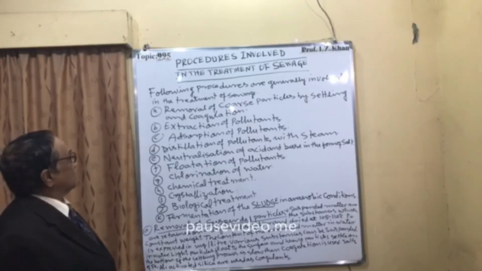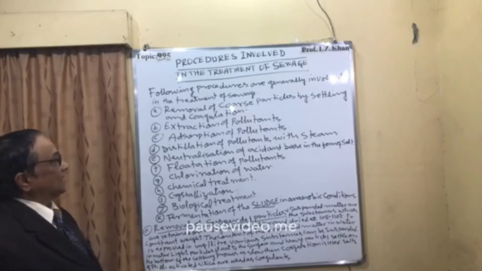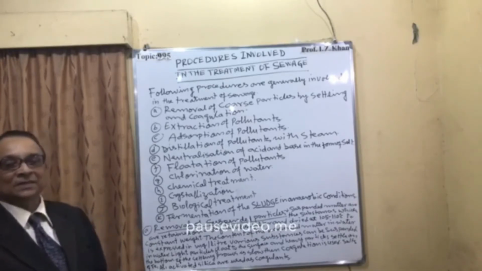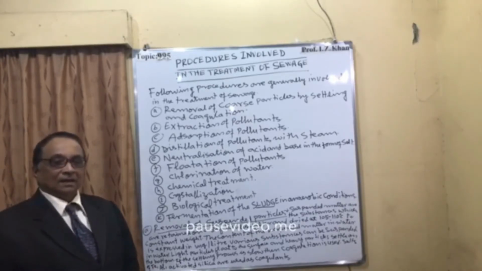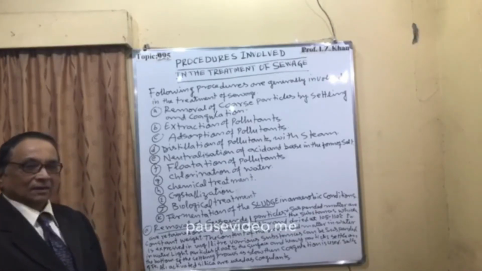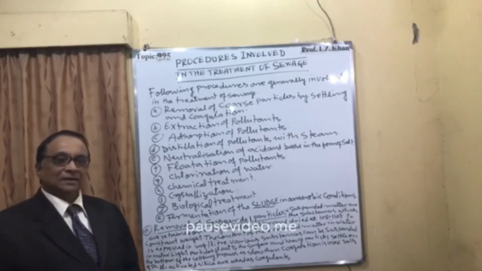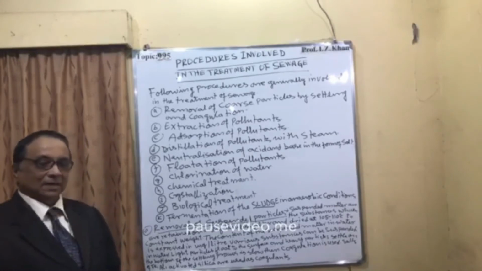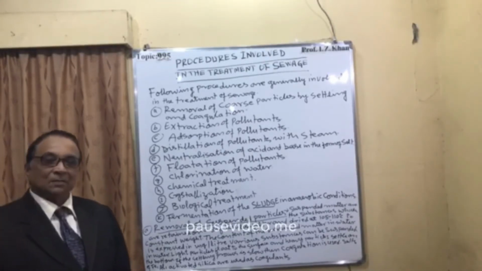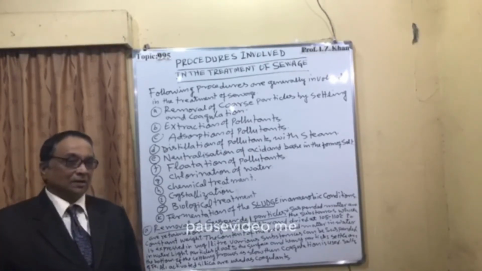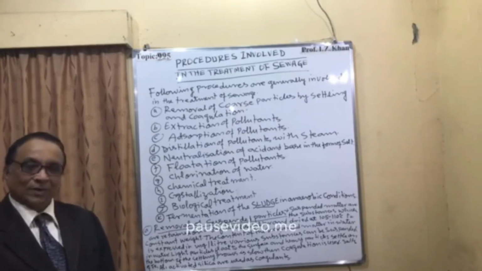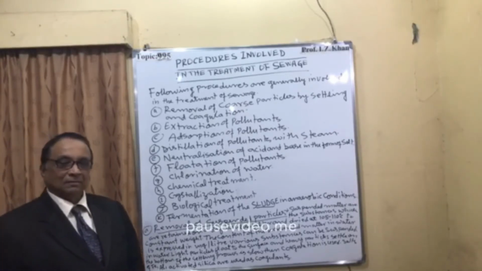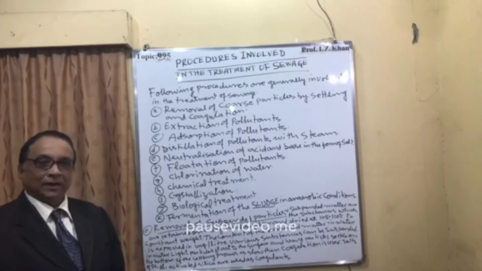And B, extraction of pollutants. Extraction of pollutants means, from extract, it is with different suitable solvents. There may be some organic substances that are soluble in organic solvents like benzene, chloroform, petroleum ether, alcohol.